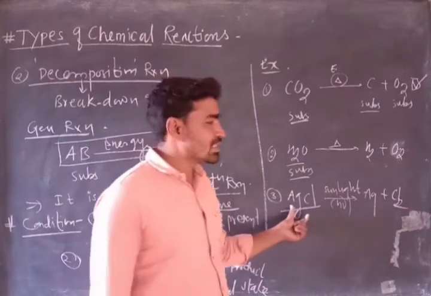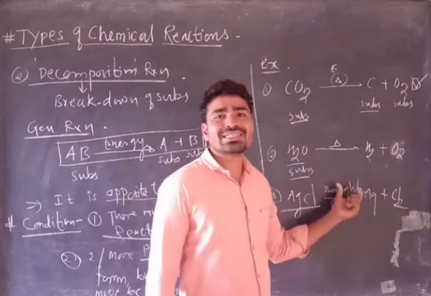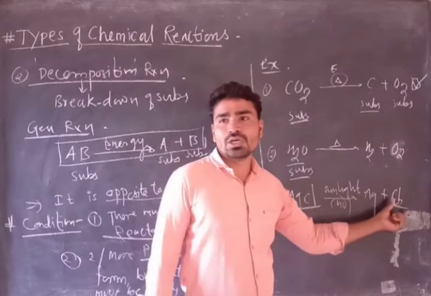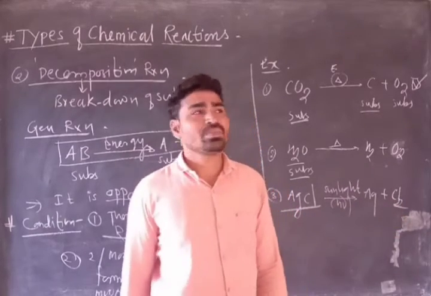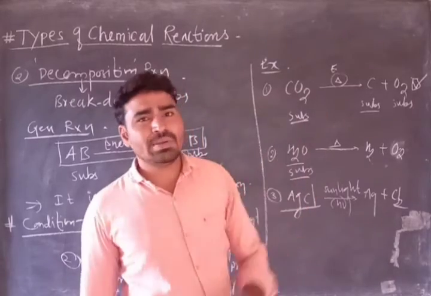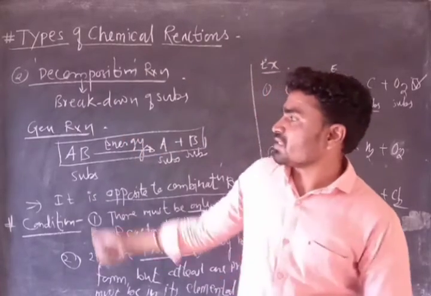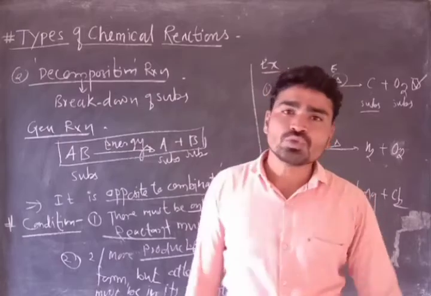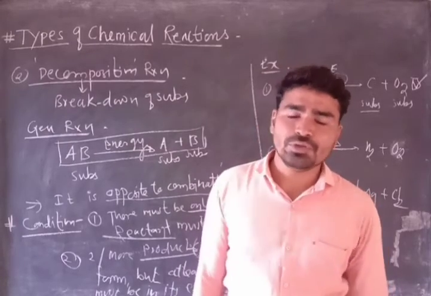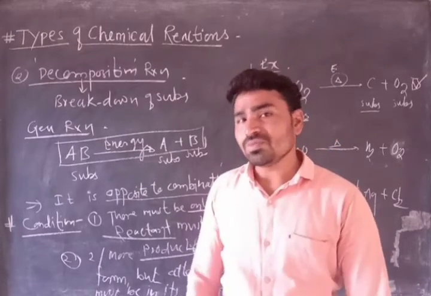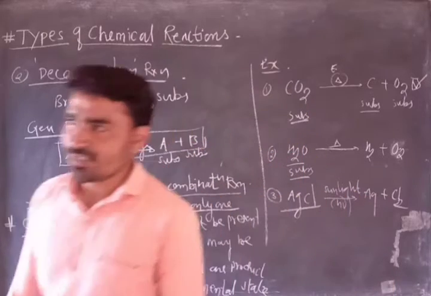So this is also a single substance breaking down due to sunlight as energy into two or more substances. In this way, this is the second type of chemical reaction in which a single substance breaks down into two or more new products. After this, we will see the third type of chemical reaction.